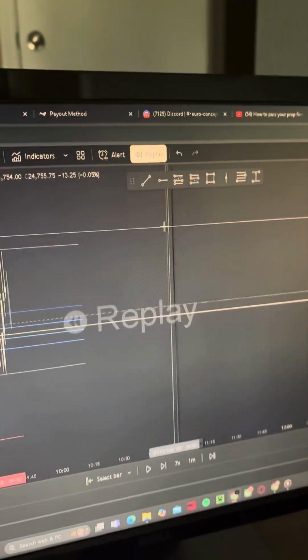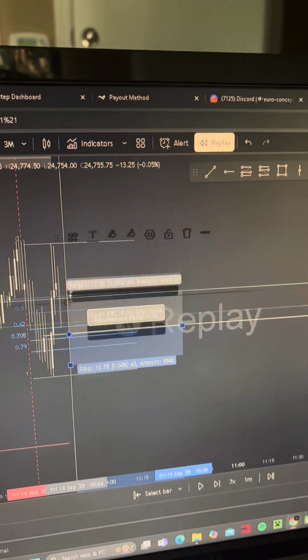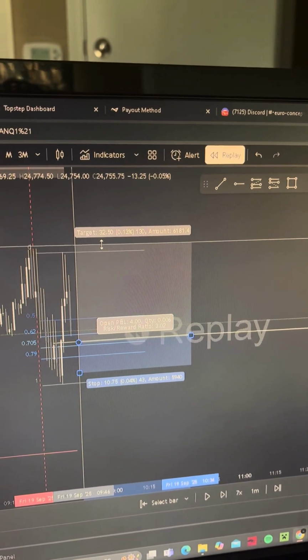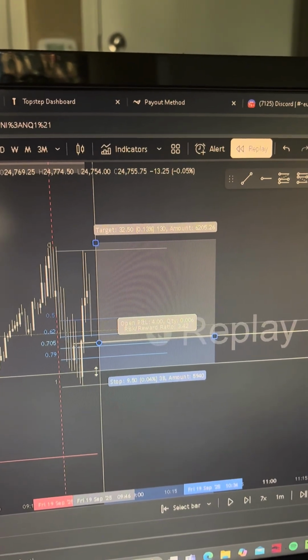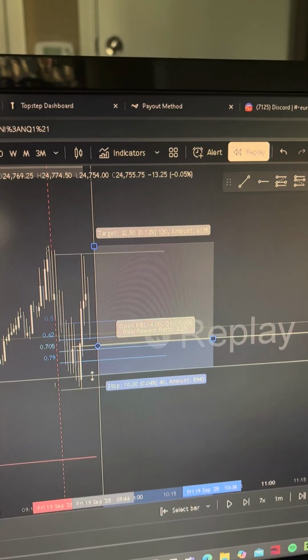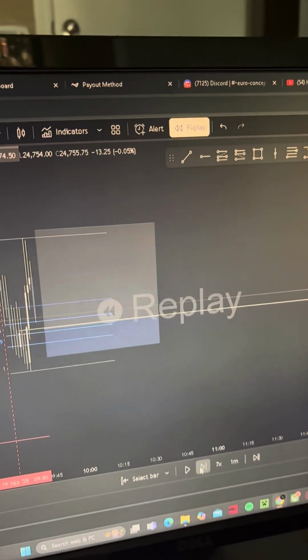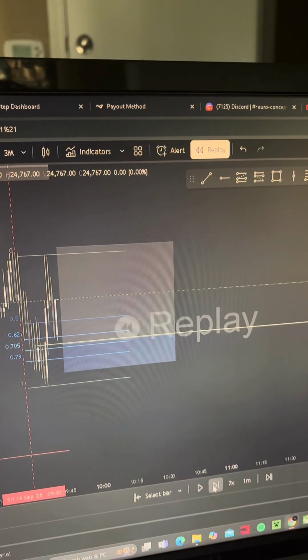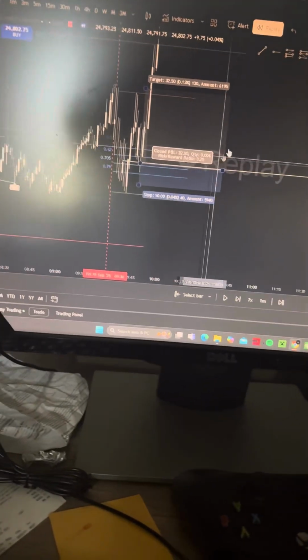Whatever happens, happens, and I set a limit order right there. I targeted this high over here, and I had a 10-point stop, and I waited. Got filled, boom. So that was the trade I took.